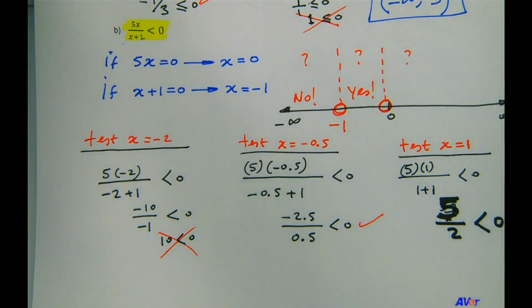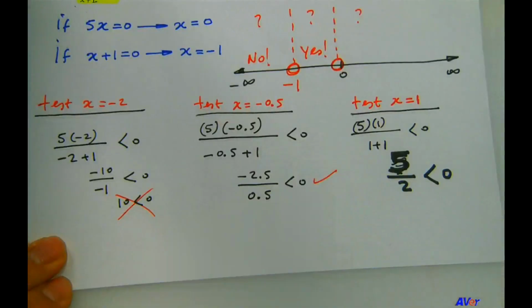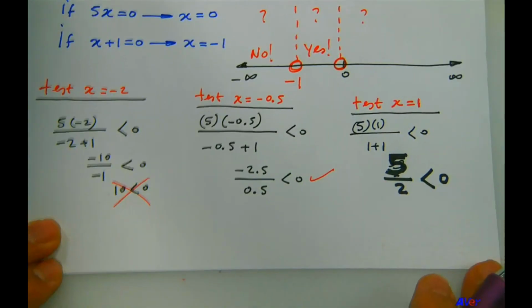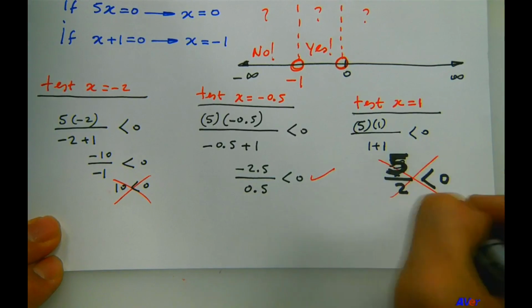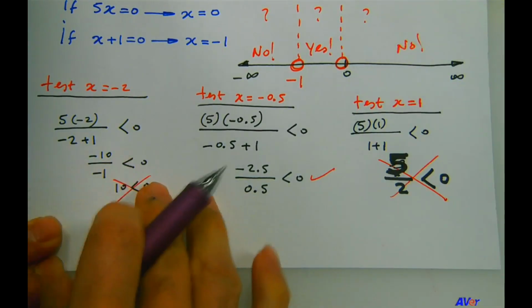Is that a valid result? That's positive 2.5. Is positive 2.5 less than 0? Absolutely not, right? So that is not a valid result. So no, that is not a solution region.